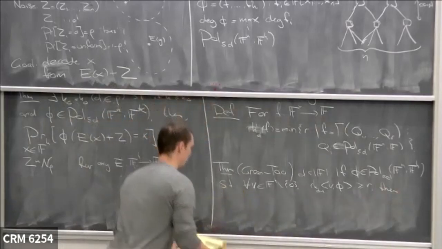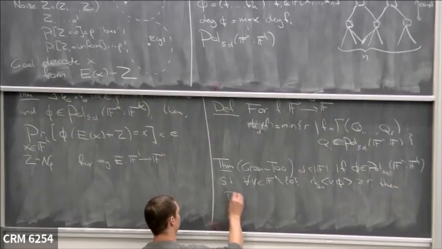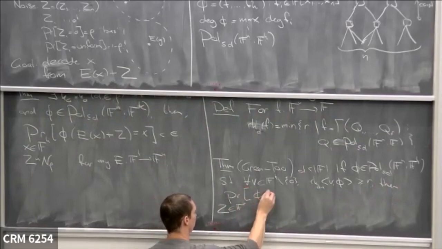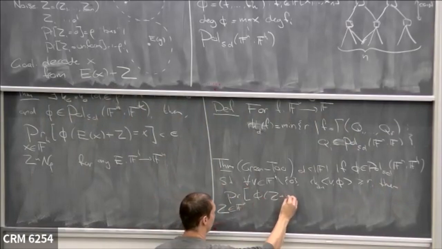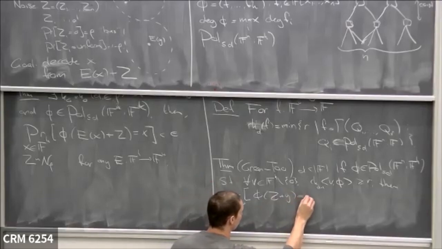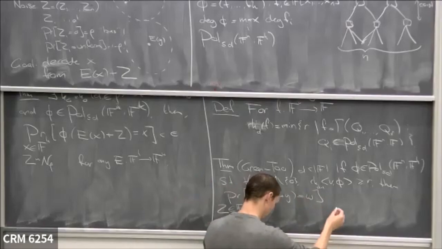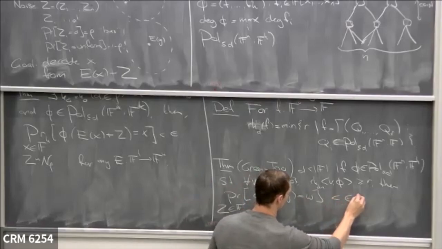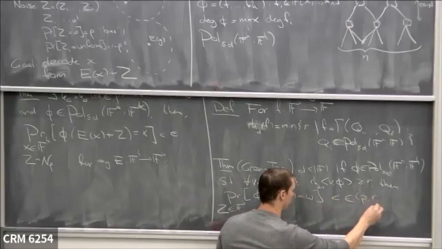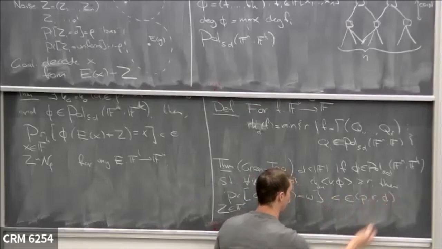Then you get something that's referred to as equidistribution. The probability over a uniformly distributed noise vector z that phi of z plus any arbitrary y, which I suppose you could think of as an e of x and a code word, is equal to some vector w, also of your choice, is at most something small, epsilon, that depends on the characteristic of your field, the lower bound on the rank you have, and the degree of the polynomial.